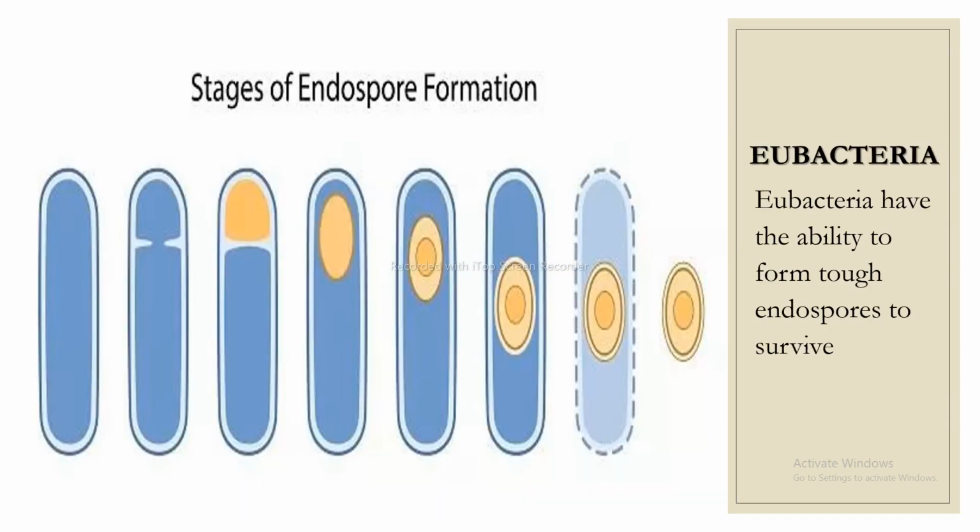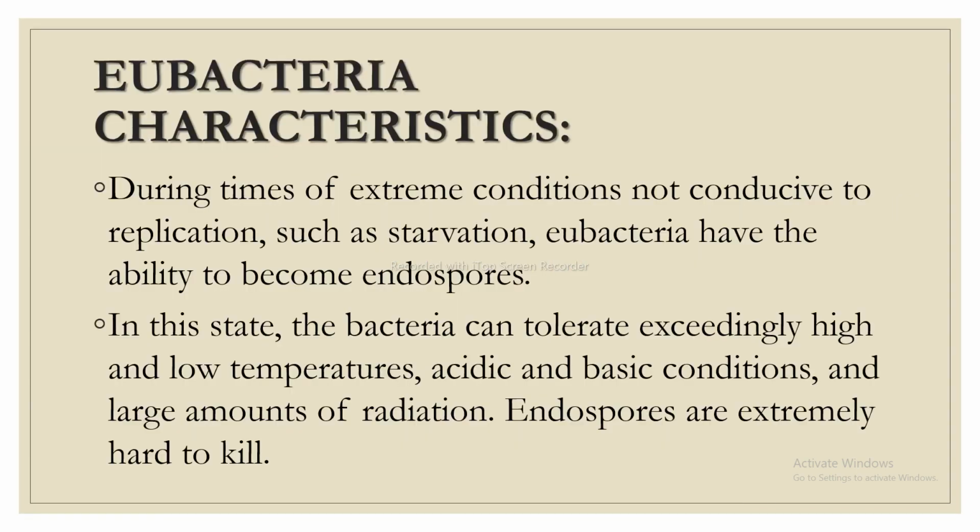These are the stages of endospore formation. Eubacteria have the ability to form tough endospores to survive under unfavorable conditions, as shown in the figure. During times of extreme conditions not conducive to replication, such as starvation, eubacteria have the ability to become endospores.